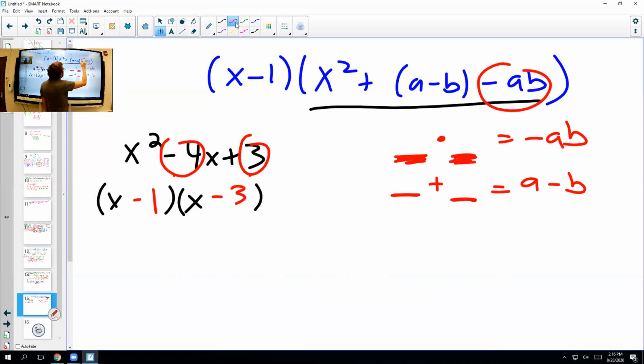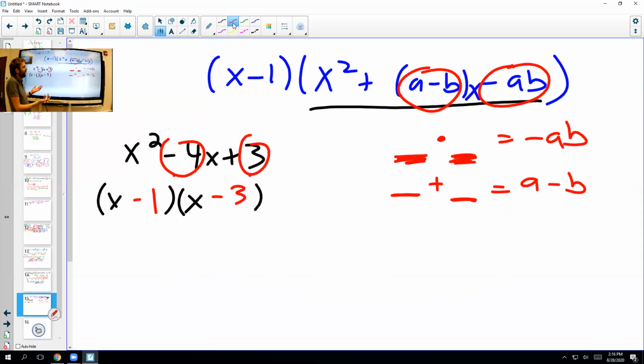So we want 2 numbers that multiply to this. Oh, sorry, I just realized I have a missing x. Let me throw that in, if you don't mind. So there's x there. But anyway, you want 2 numbers that multiply to negative AB and add to A minus B. Okay, what are 2 numbers that do that?